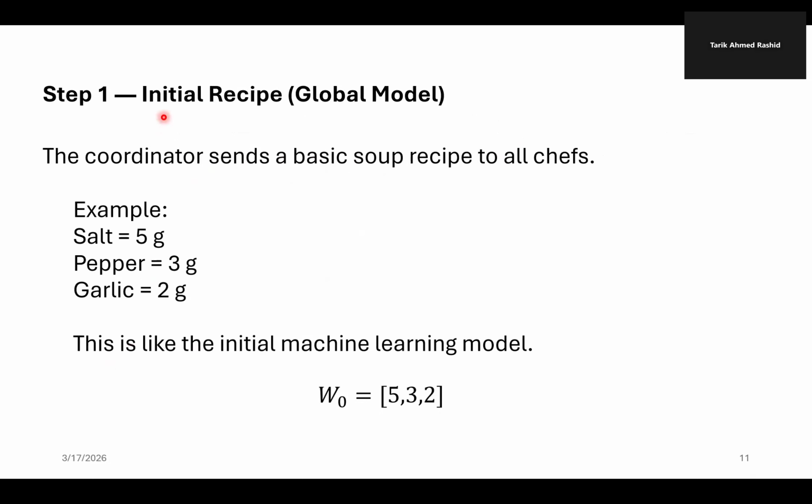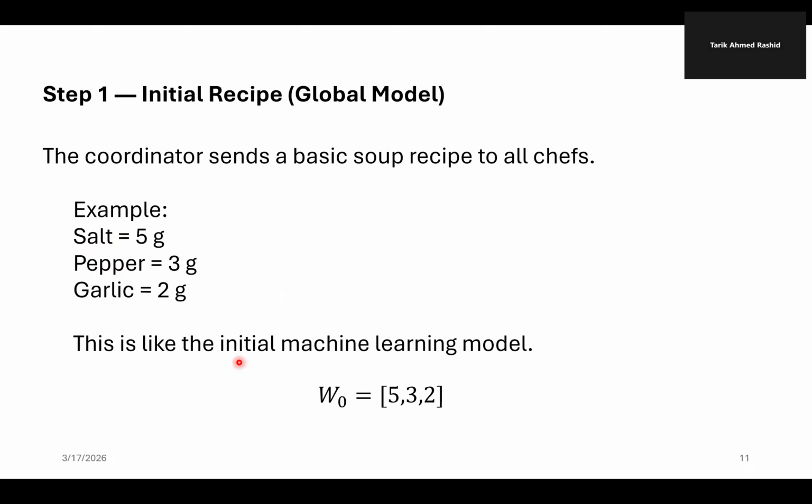The initial weights, or initial recipe, the global model in the server, will be given to each chef. For example, the parameters: salt 5 grams, pepper 3 grams, garlic 2 grams.